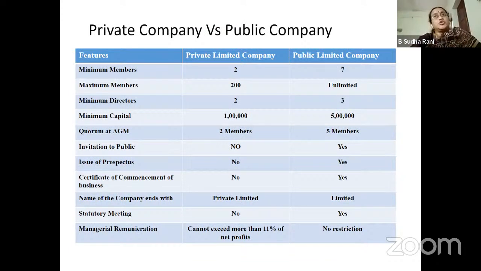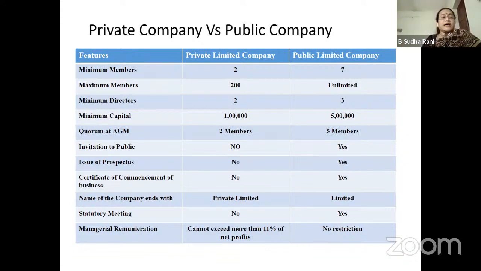Minimum 2, maximum 200 for private limited company. In case of public limited company, minimum 7 and maximum unlimited. So remember, the public limited company has a larger number, with public interest, government works, right? So public interest company, the maximum is unlimited.